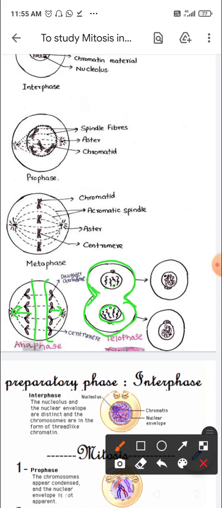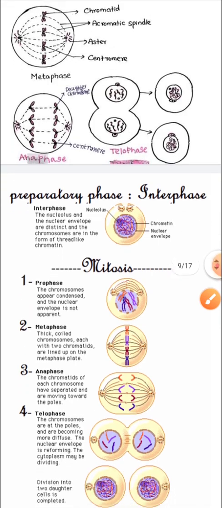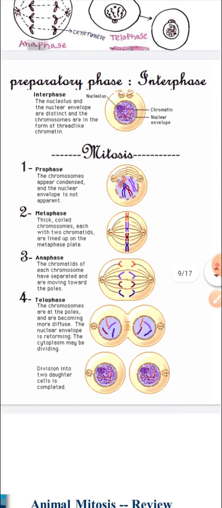This furrow will go on deepening till it divides into two daughter cells. So that's about mitosis in animals.